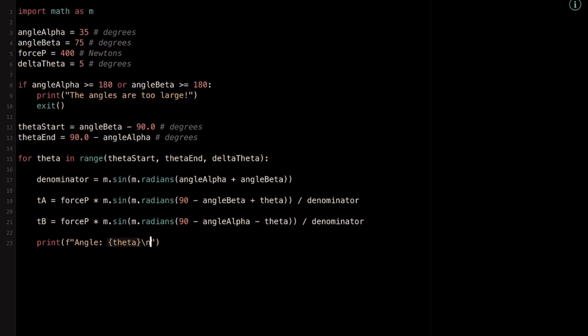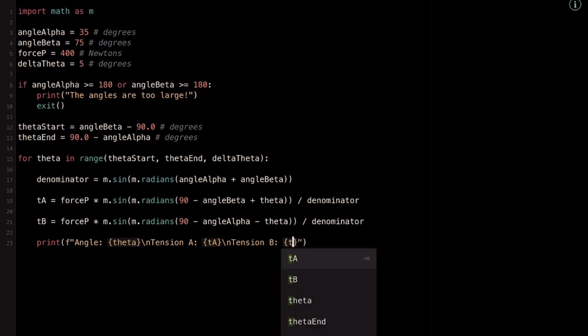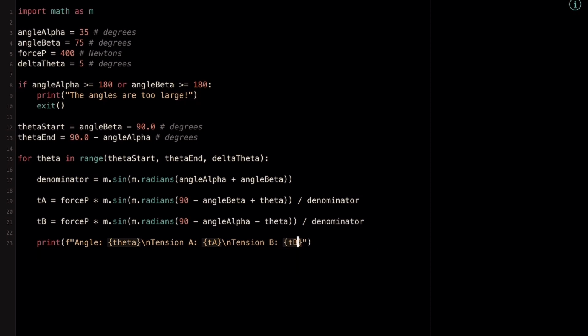I'm just going to create a new line, kind of like hitting enter on your computer and it starts a new line. And then I'll say the tension in A is the TA value that we found a couple lines above, and then I'll do another new line and I'll say tension of B is TB. Okay, cool.